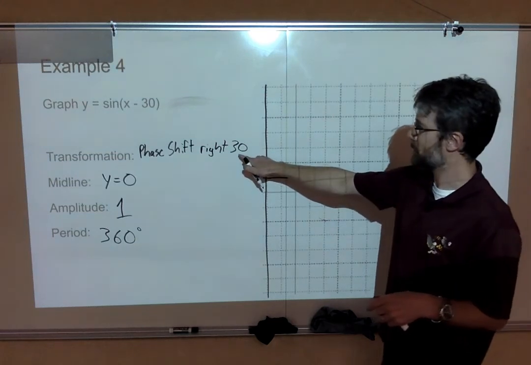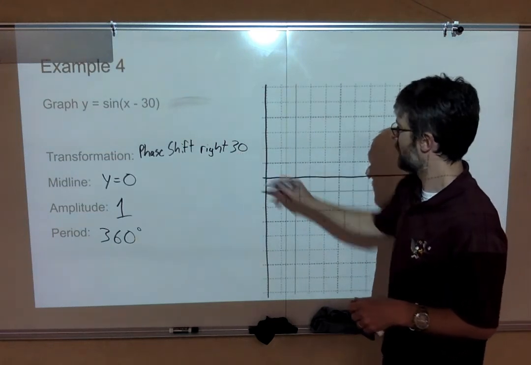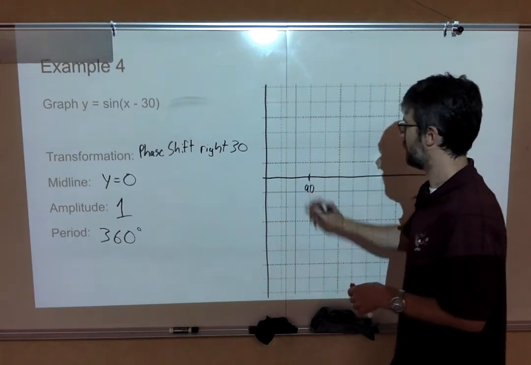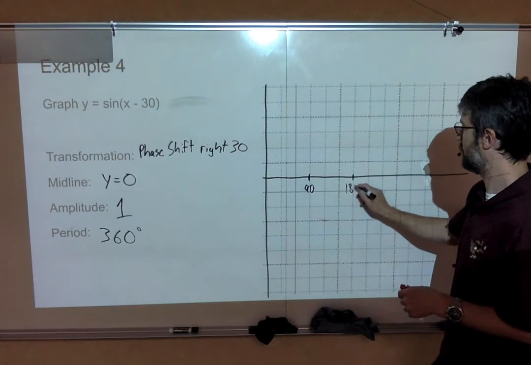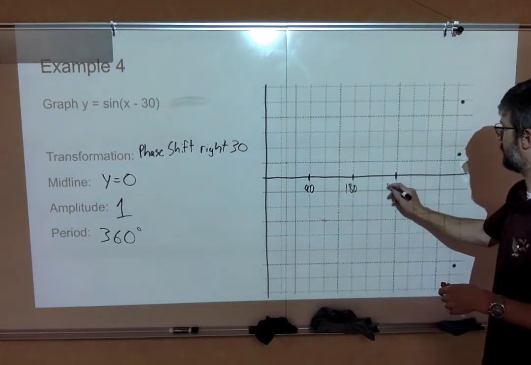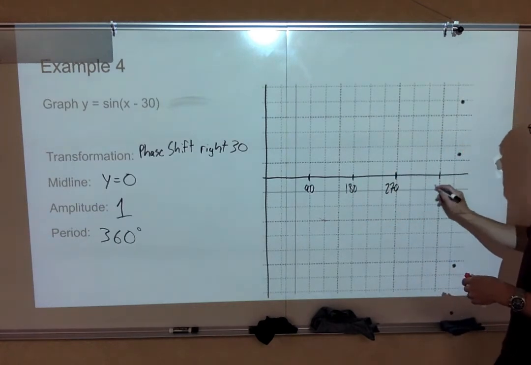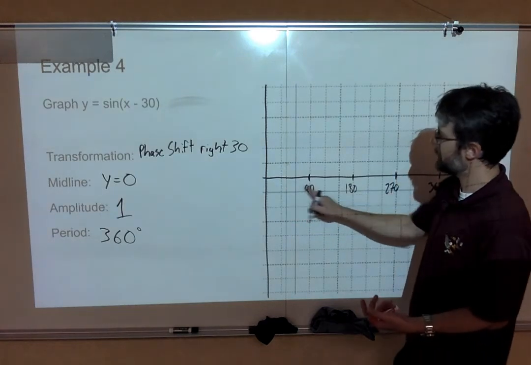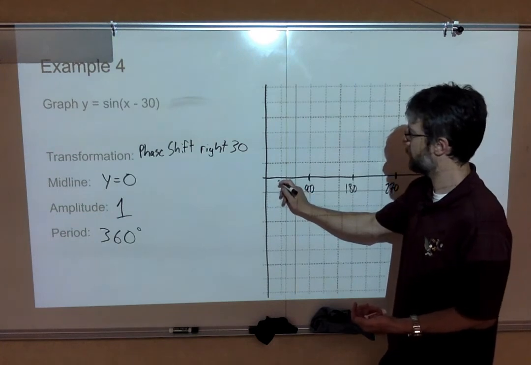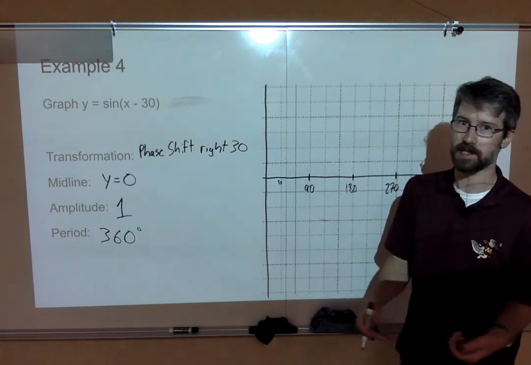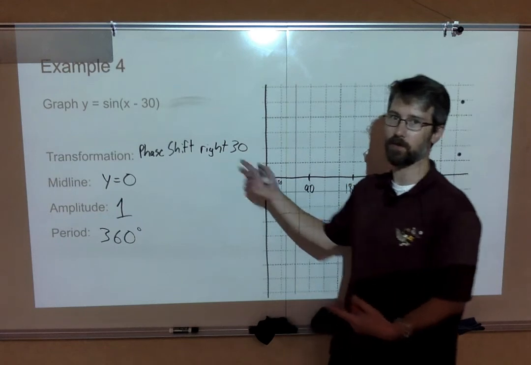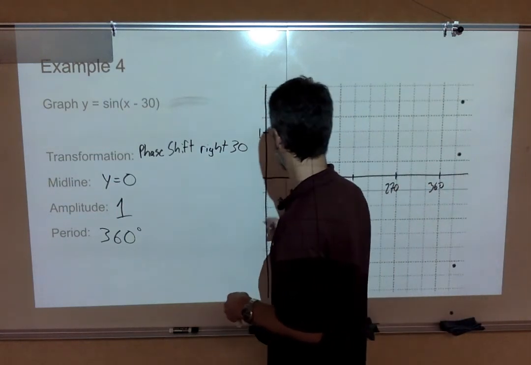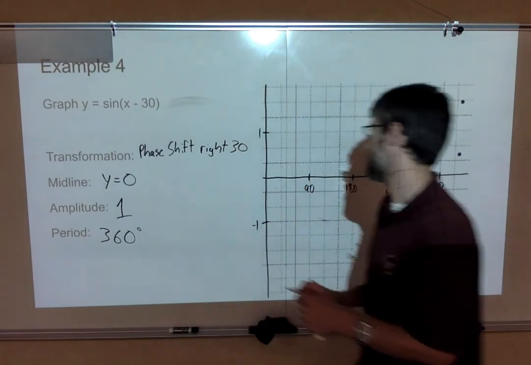So because I'm shifting to the right 30, I want to make sure that I've got 3 spaces when I'm counting by 90s. Because if it's 3 spaces to get from 0 to 90, well then 30 is going to be one of those spaces. And that's going to be really nice when I'm shifting everything to the right by 30 degrees. So think about your horizontal scales a little bit when you're doing these.